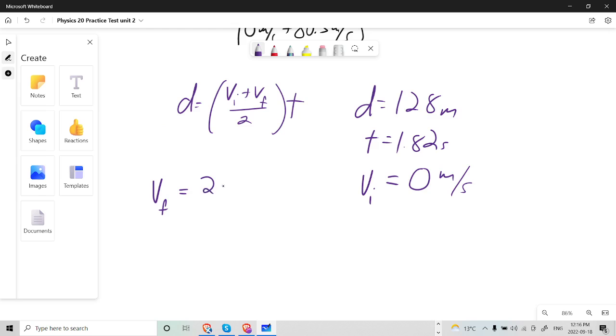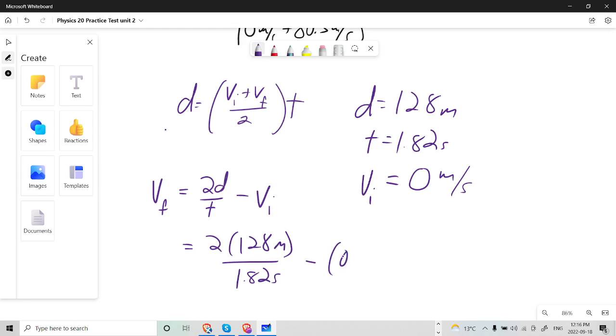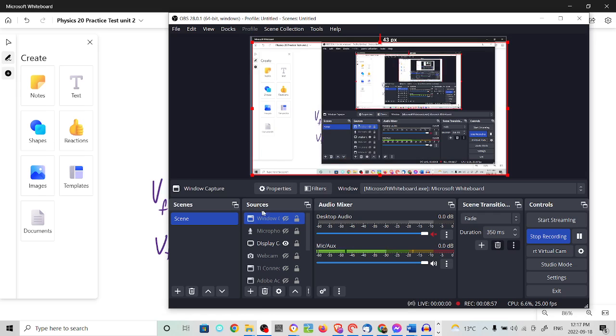VF will be 2D over T minus VI. So 2 times 128 meters over 1.82 seconds minus 0 meters per second. So this is really 2 times 128 divided by 1.82.